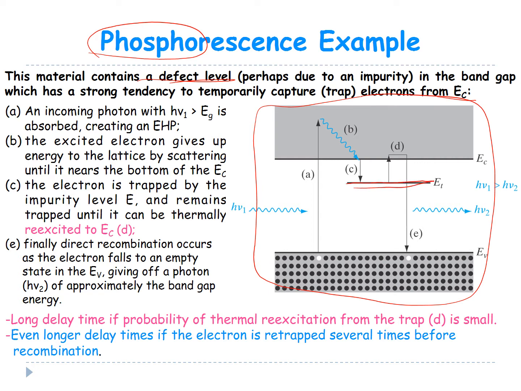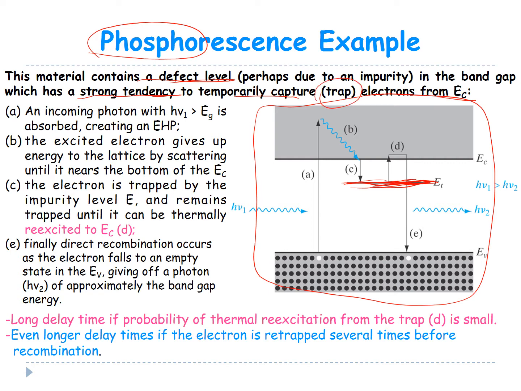This is the level of the impurity, which we call ET. Now, because this defect level, this impurity, has a very strong tendency to temporarily capture an electron, we call it a trap.